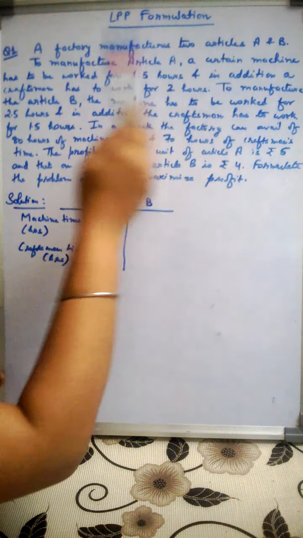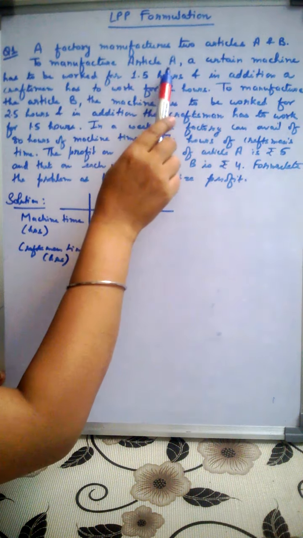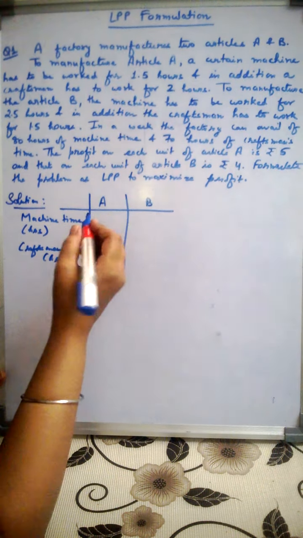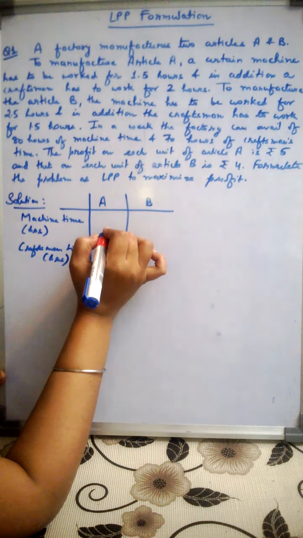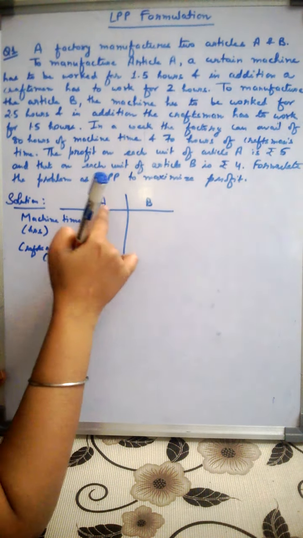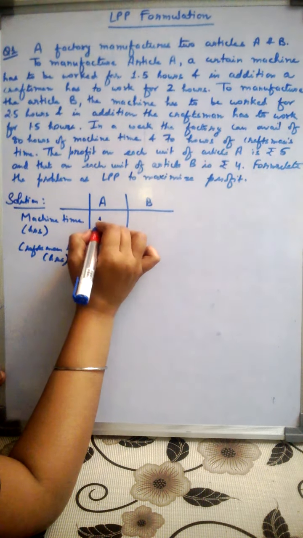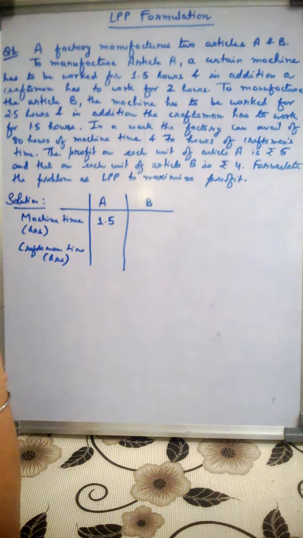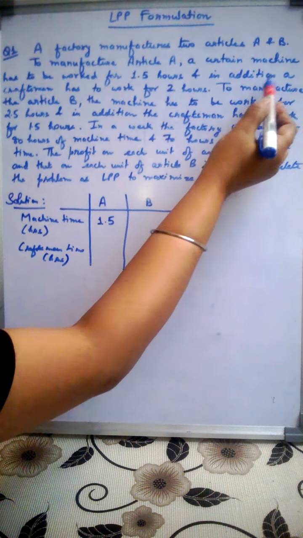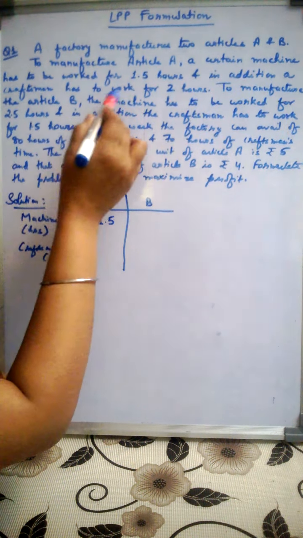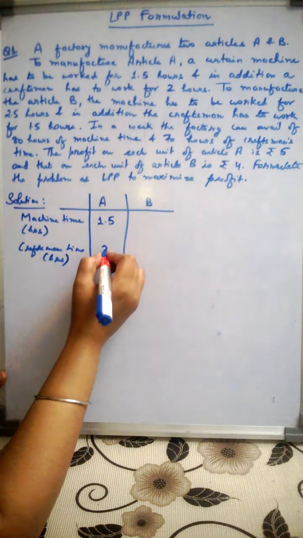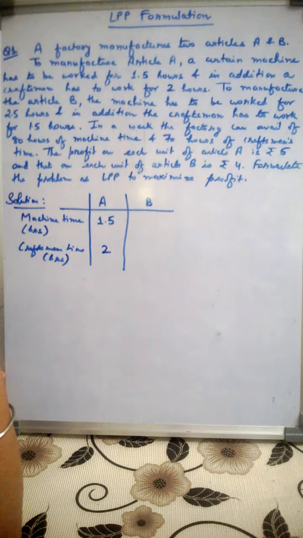So we read the problem again. To manufacture article A, a certain machine has to be worked for 1.5 hours. So in order to manufacture one unit of article A, 1.5 hours of machine time is required, and in addition a craftsman has to work for 2 hours. So craftsman time is required as 2 hours.